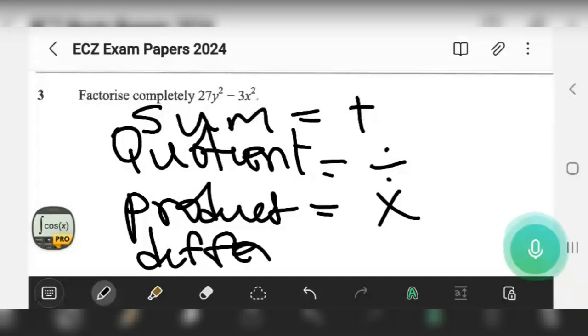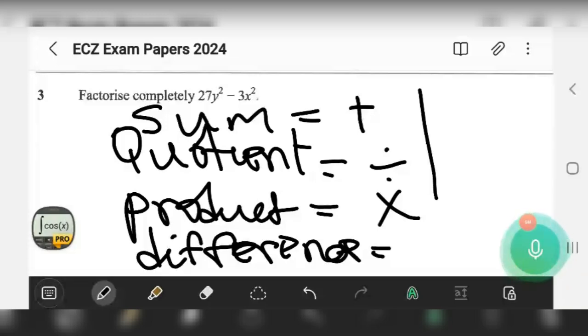But we also have the difference. It's self-explanatory. The difference is what? What does it mean? Because these others, they mean those things, but what about the difference?